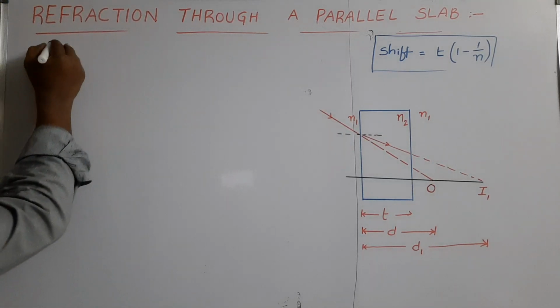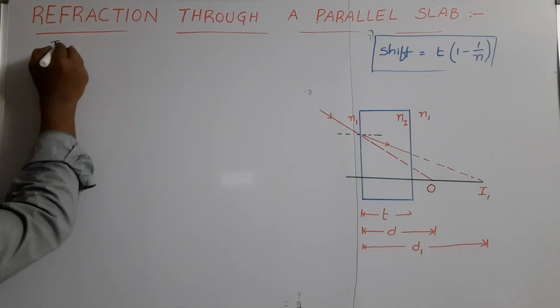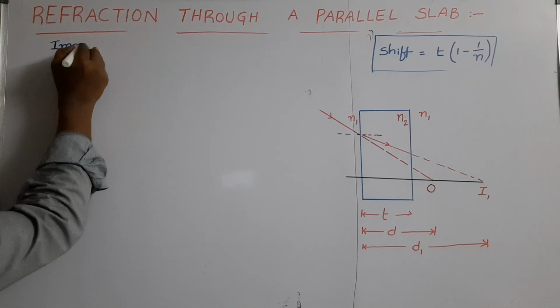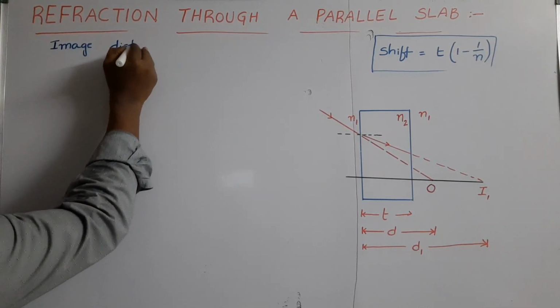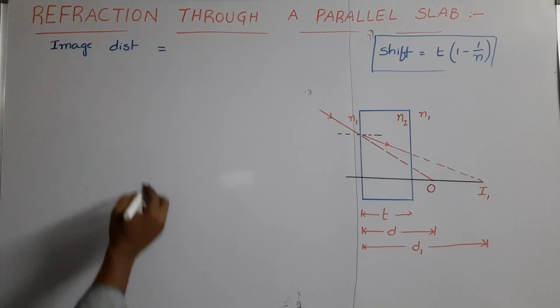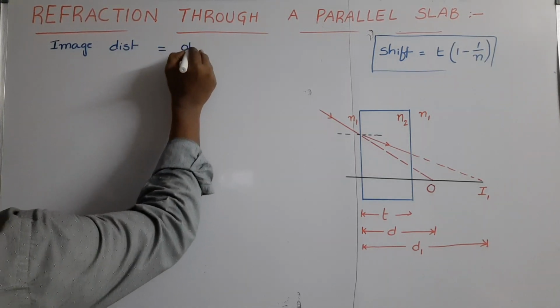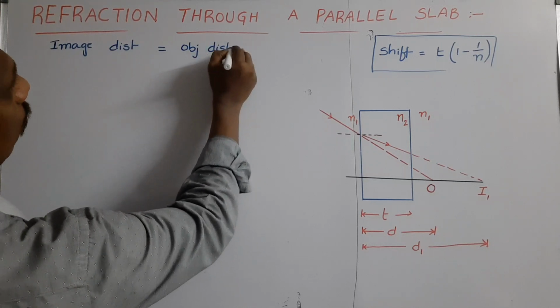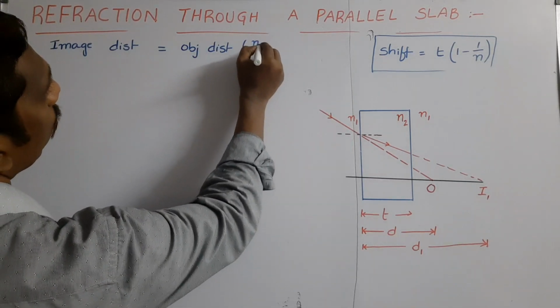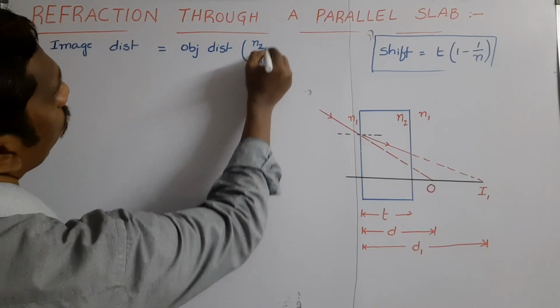We know image distance is equal to object distance into n2 by n1.